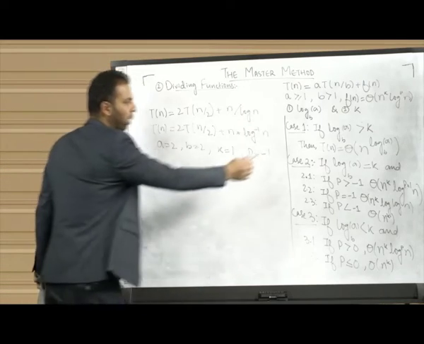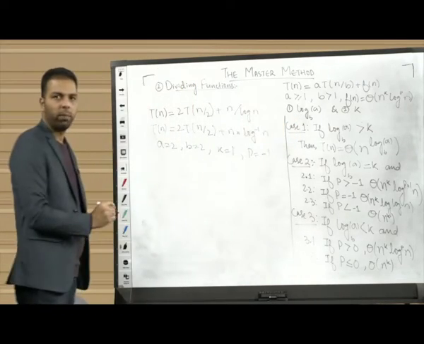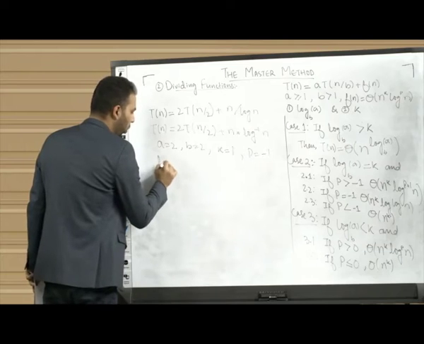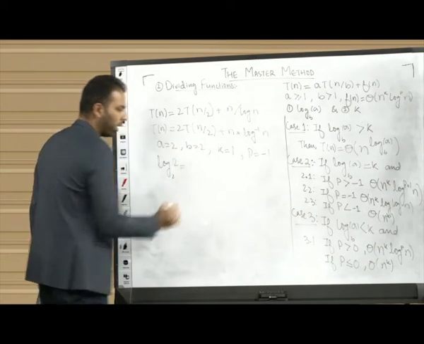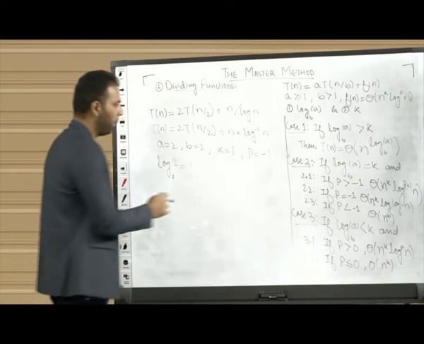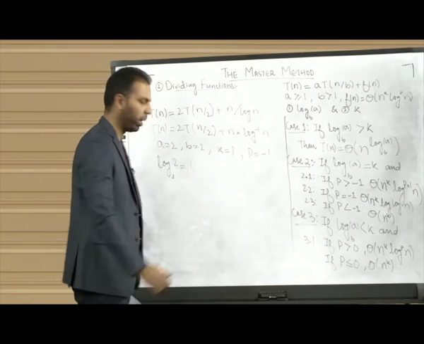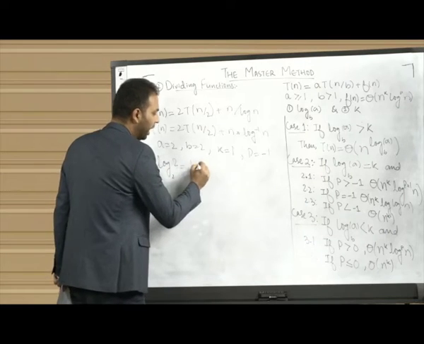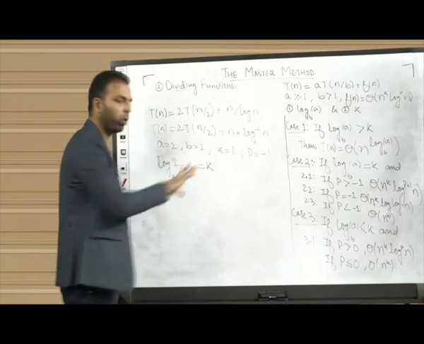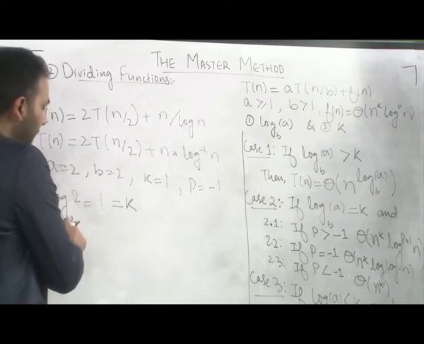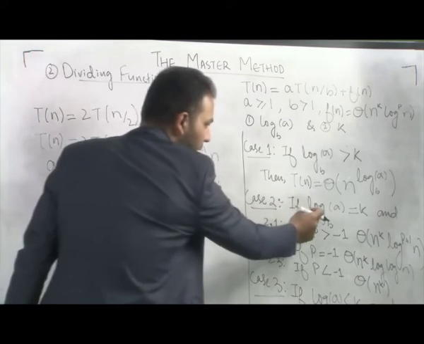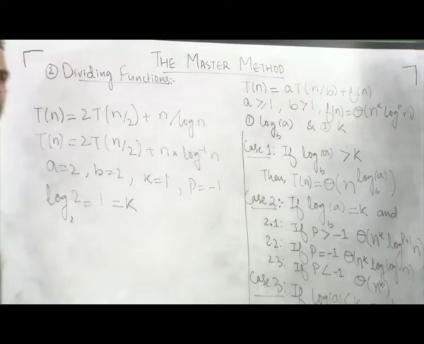Now first we have to calculate this log a to the base b. So log a, that is 2, to the base b, that is 2, that is equal to 1, just like in the previous example. But here k is equal to 1. So what does it mean? It means that it is equal to k, which is also equal to 1. Fine. So now log a to the base b is equal to k, which condition meets? Your second case meets.